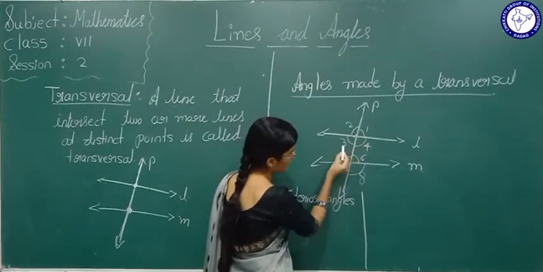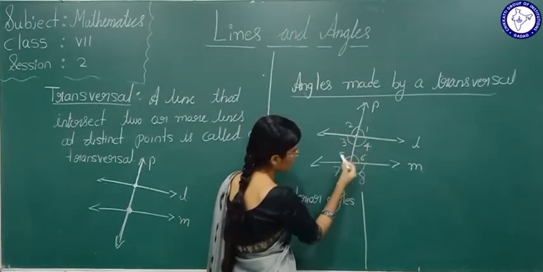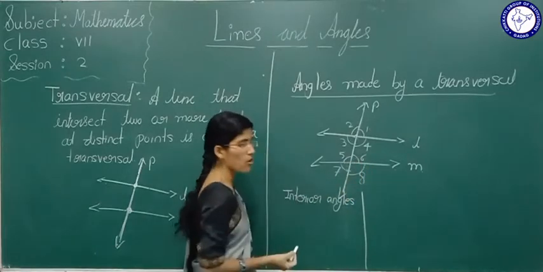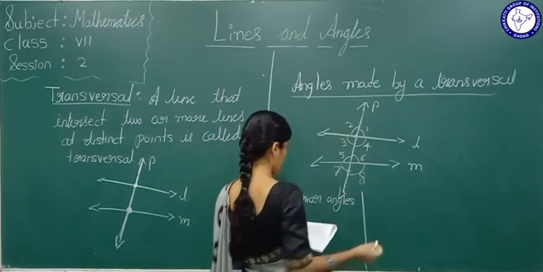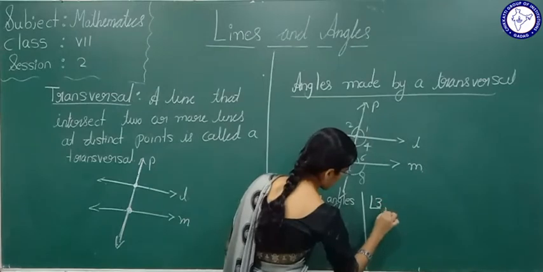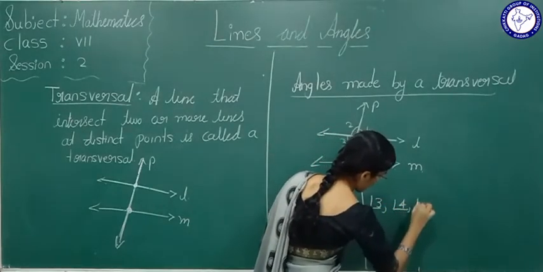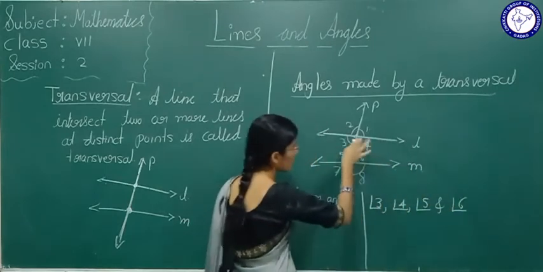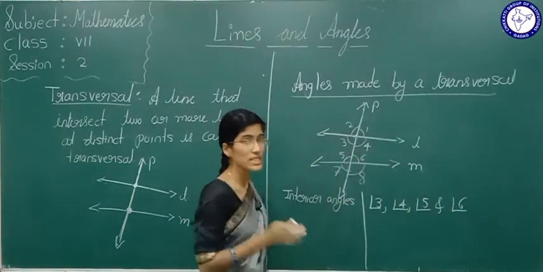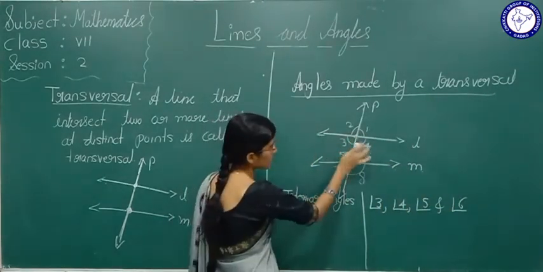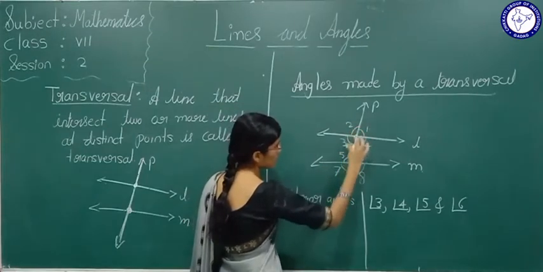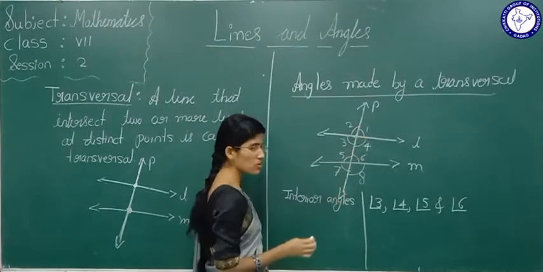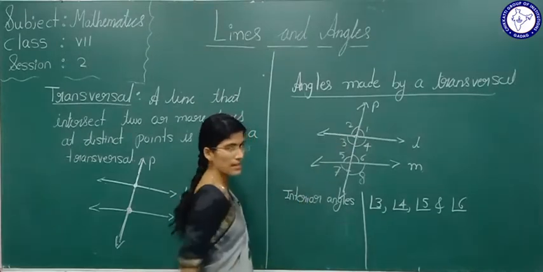Angle 3, angle 4, angle 5, angle 6 are called interior angles. These are interior, meaning inside. So these 4 angles are inside these two lines. These are called interior angles.